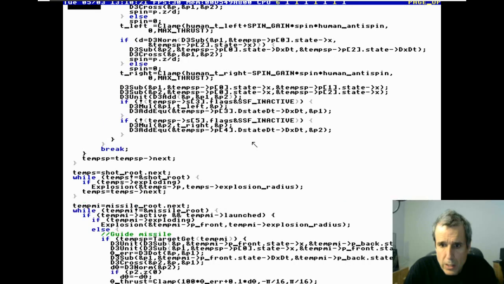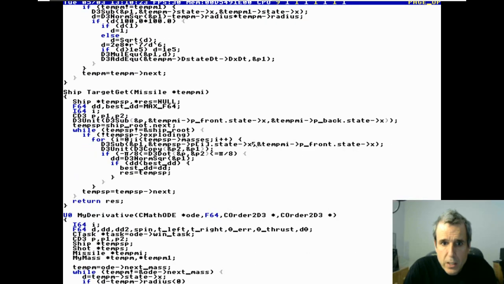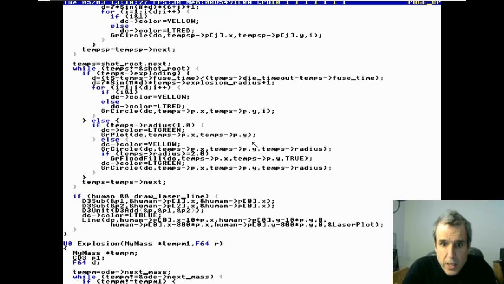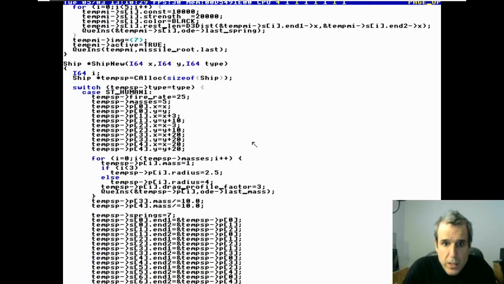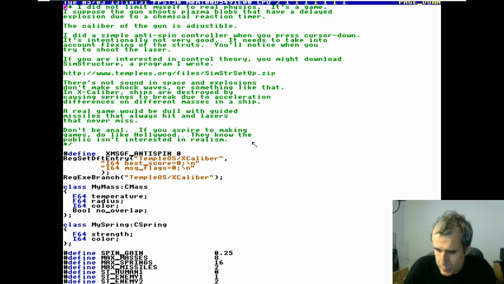Let's turn the target green. Let's change the color. Oh, let's keep that as a feature. If targeted, how are we gonna?